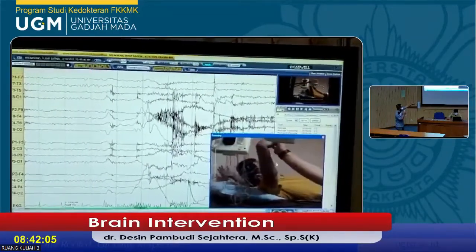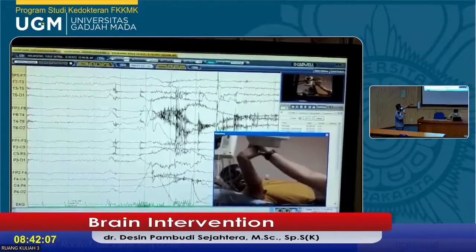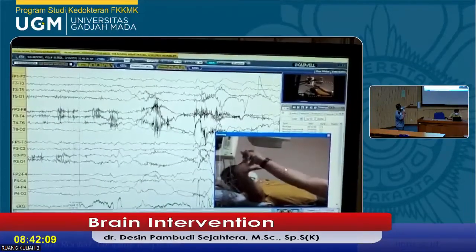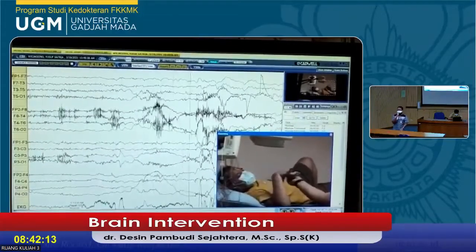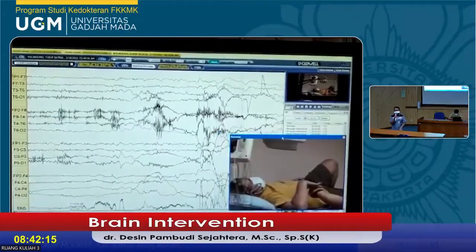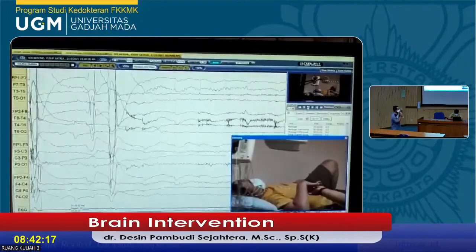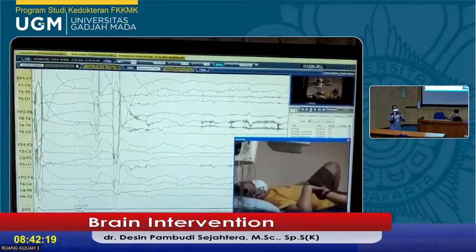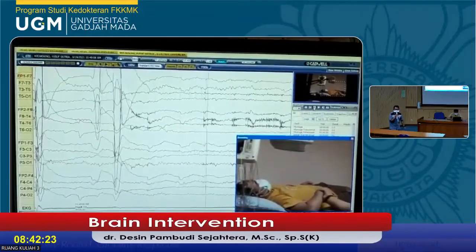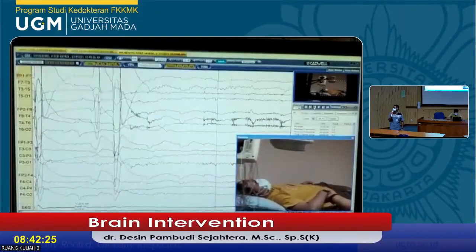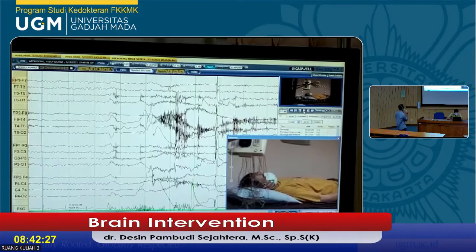This one is called ictal EEG. Ictal EEG means that during the recording, the patient has a jerk and there is an abnormality on the EEG. Next.